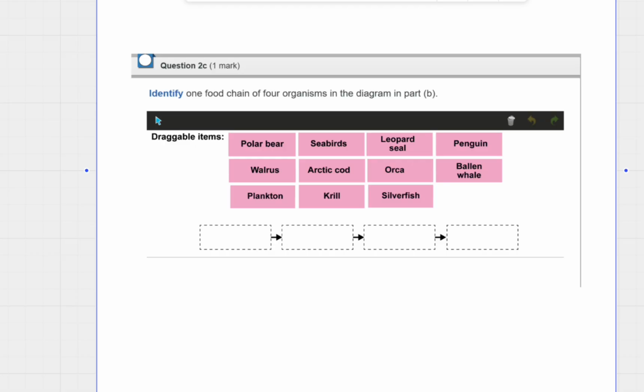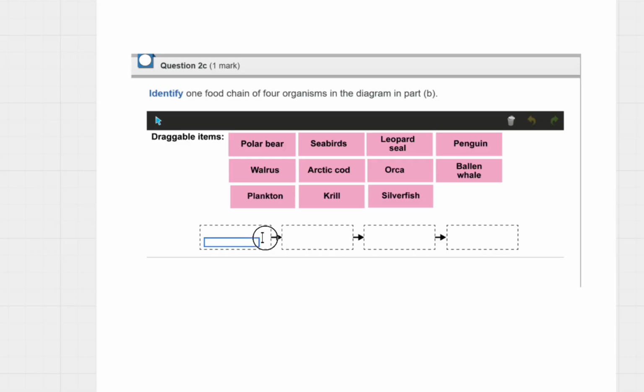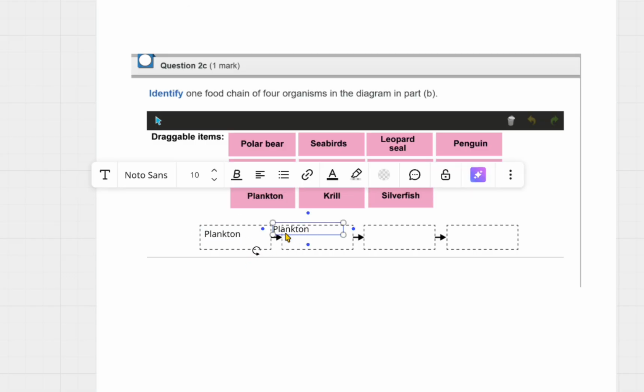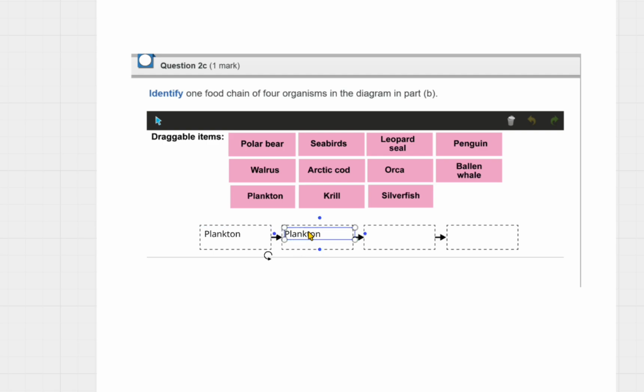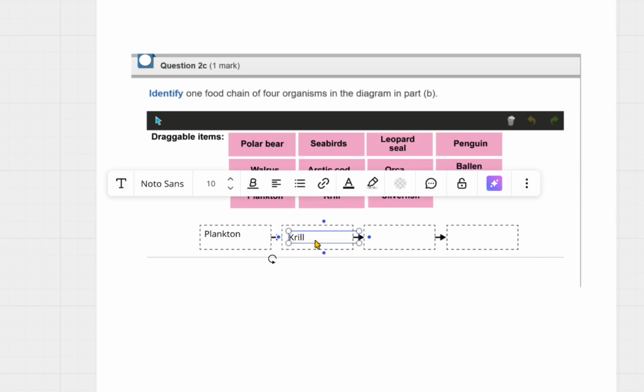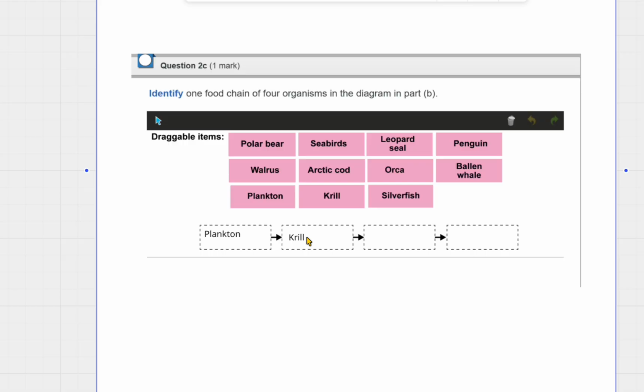Let's just write it over here for our reference. First, we know there's plankton, a simple food chain. Plankton, let's just copy this, paste it here. We have plankton, we have krill. Oh my bad. Let me just do the same process.